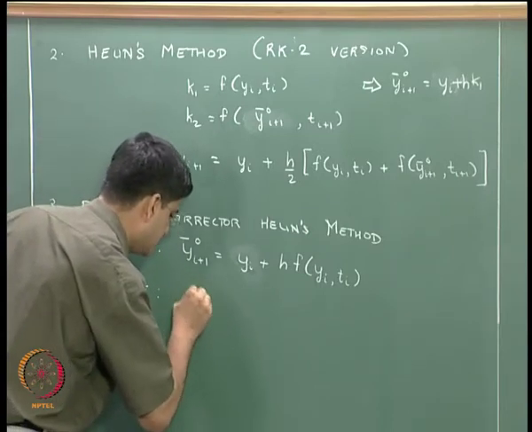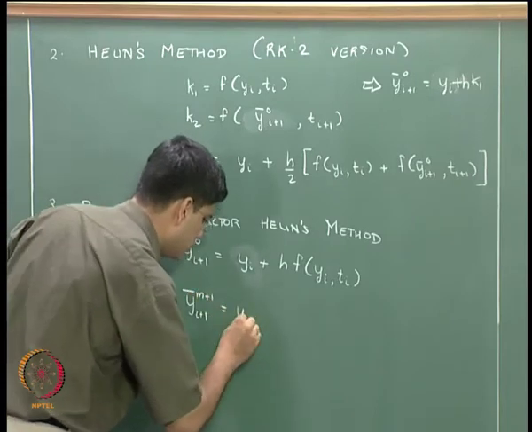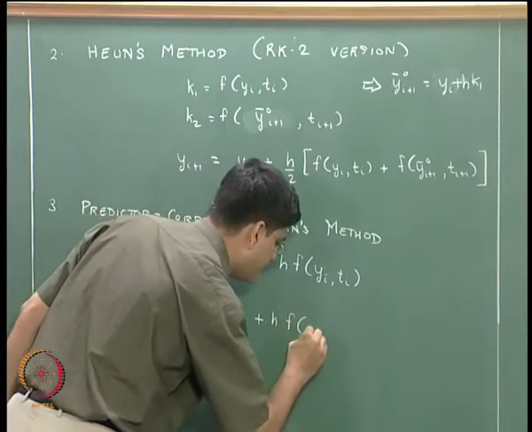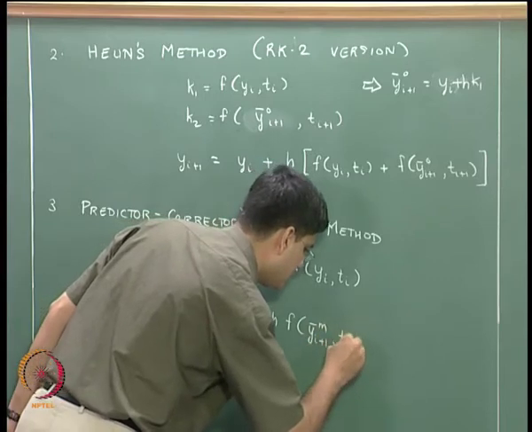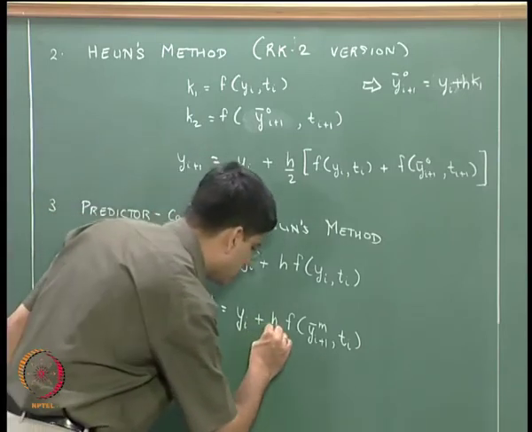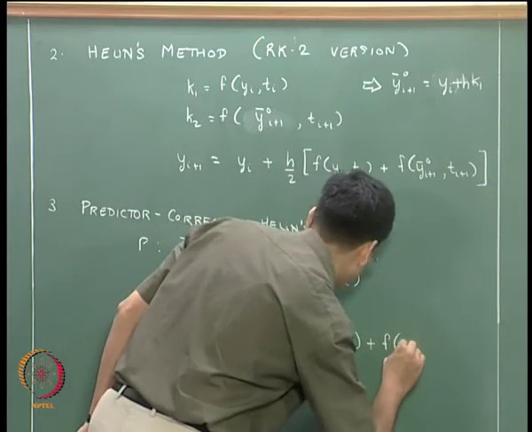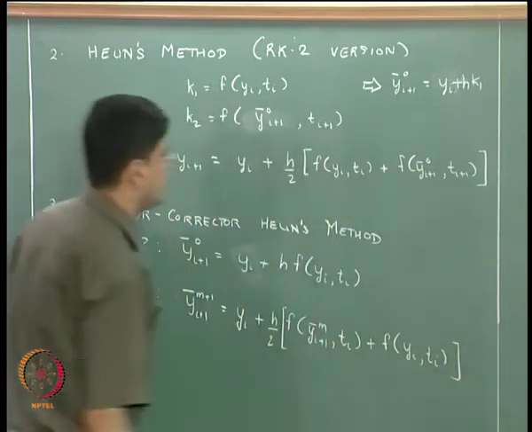And the corrector equation is y i plus 1 bar m plus 1 equal to y i plus h by 2 multiplied by f of y i plus 1 bar m comma t i plus 1 plus f of y i comma t i.